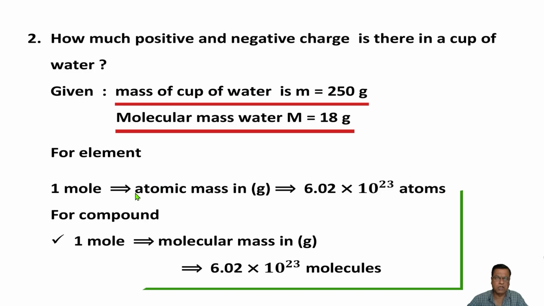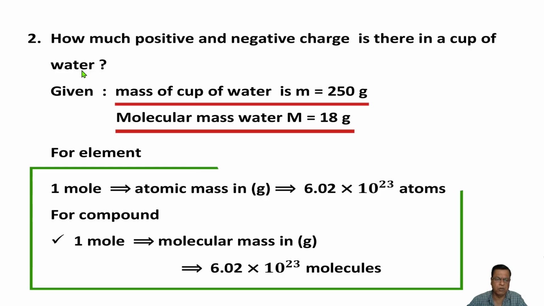But if you are given a compound, water is a compound H2O, there are hydrogen and oxygen elements. There are 2 elements, hydrogen and oxygen, so it's a compound. So for a compound, the mass of 1 mole of H2O, meaning water, is equal to the molecular mass in grams. So the molecular mass is 18 grams. So in 18 gram water, there are 6.02 into 10 to 23 molecules available.